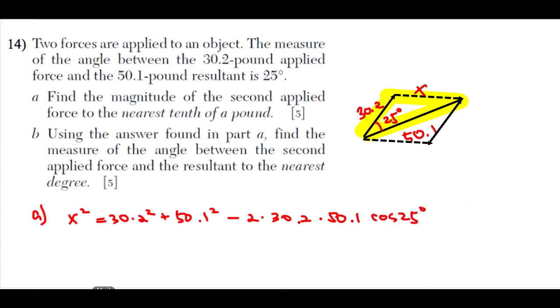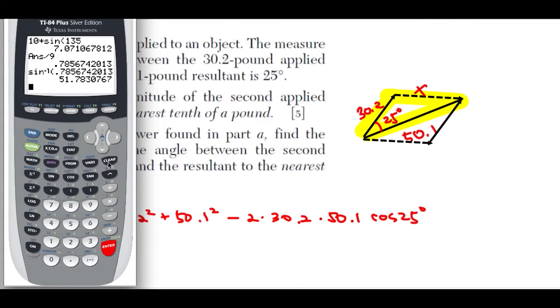So let us try to put that in together. 30.2 squared plus 50.1 squared minus 2 times 30.2 times 50.1 times cosine of 25 degrees. That's basically what we end up getting, and then we need to take the square root of that.